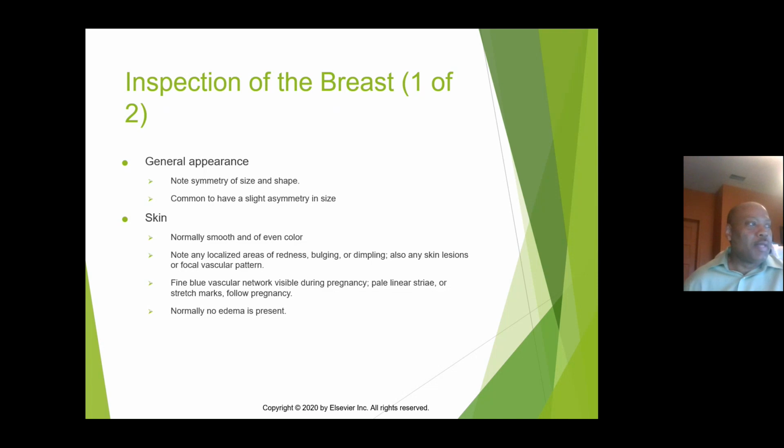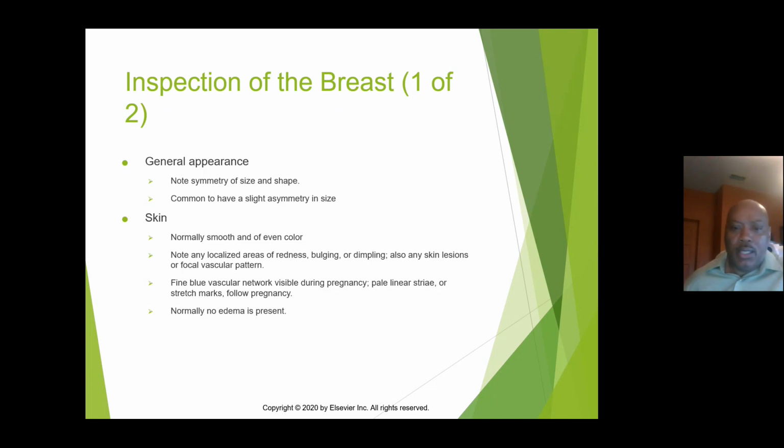And so here we're looking at the symmetry, the size and shape, and it is common for both breasts not to actually be exactly alike in size. So that is not necessarily considered an abnormality, sometimes a normal finding. That's what I'm saying. Take a look at the skin assessment.